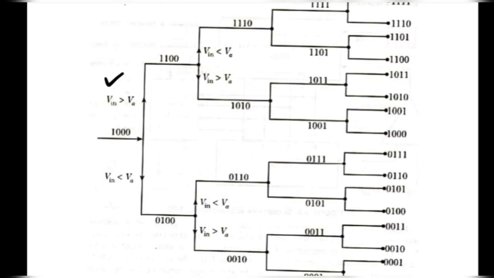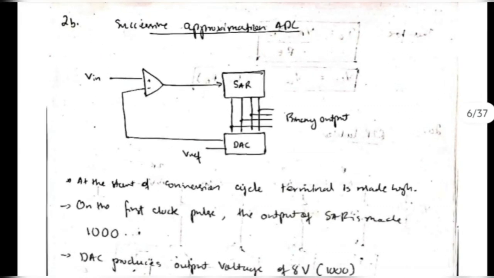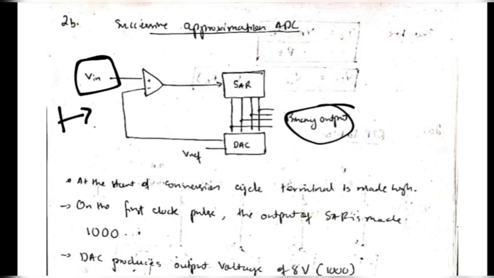So if it's greater, it will go in this path, then again it will be compared. If it's greater or smaller, then it will go in the subsequent paths. So after 4 iterations you will get the final answer here. That's the binary equivalent of the V in which you apply here. Okay, analog signal got converted into the digital signal.